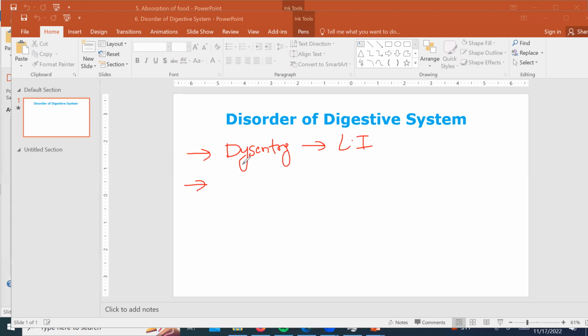Why does it happen? It is an irritation in the gastric mucosa through which the gastric juices digest the stomach wall.